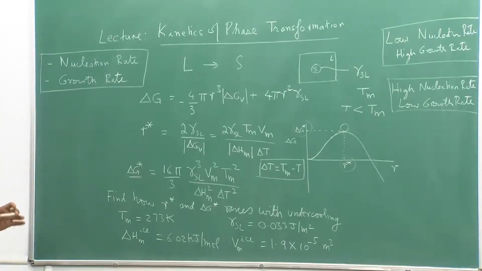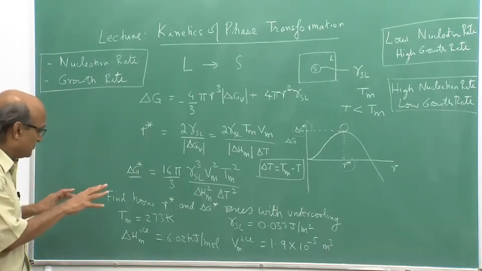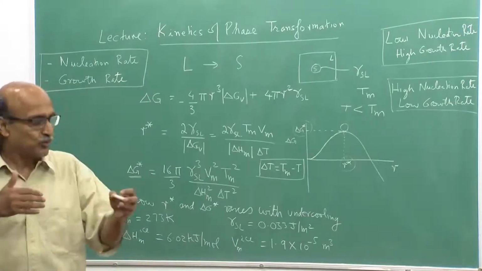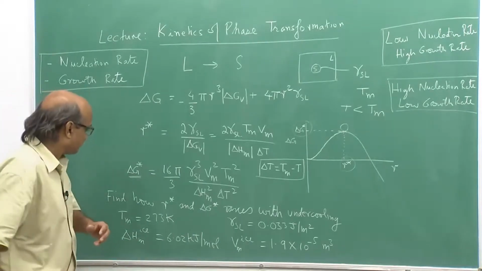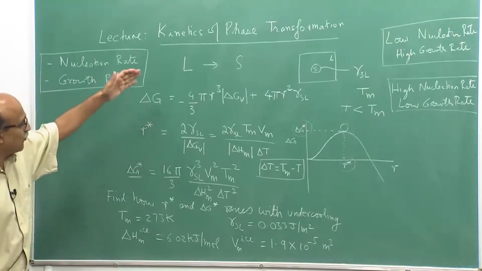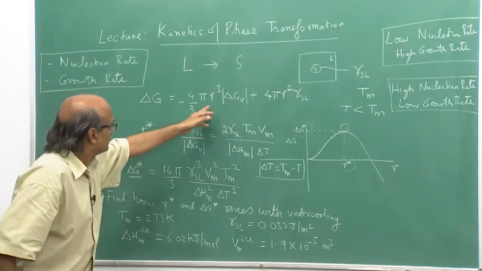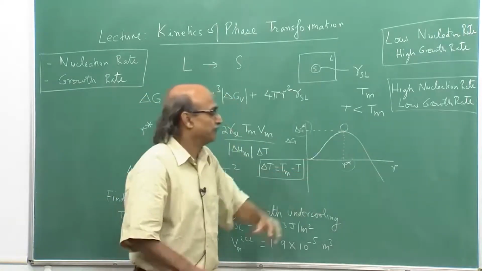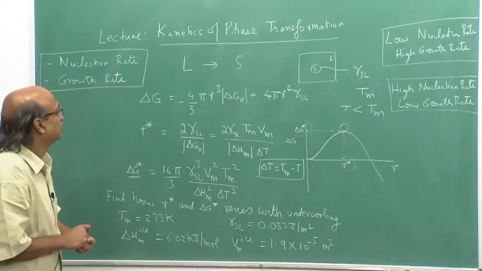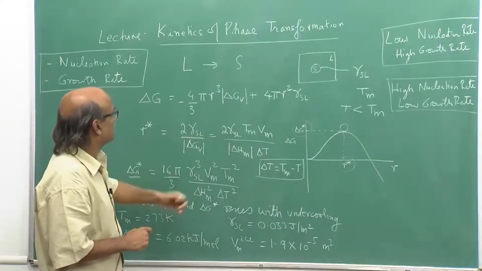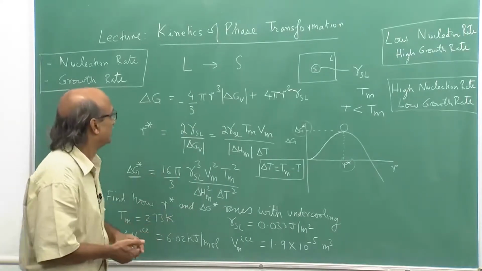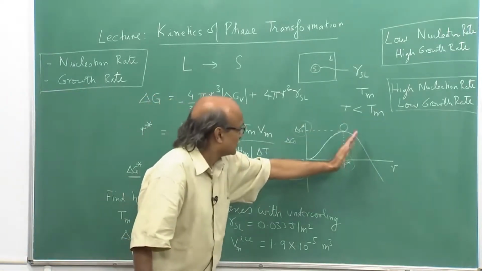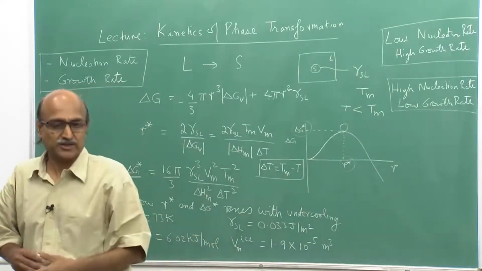For this, we are going to solve this problem not on the board, but in a spreadsheet program where we can quickly calculate values of delta G for various values of the nucleus size and plot it, and then change the temperature, change the undercooling and obtain different curves to see how the nature of the curve changes as the undercooling changes.